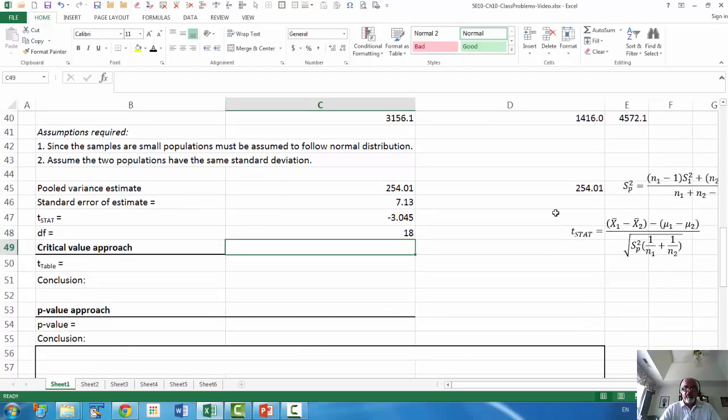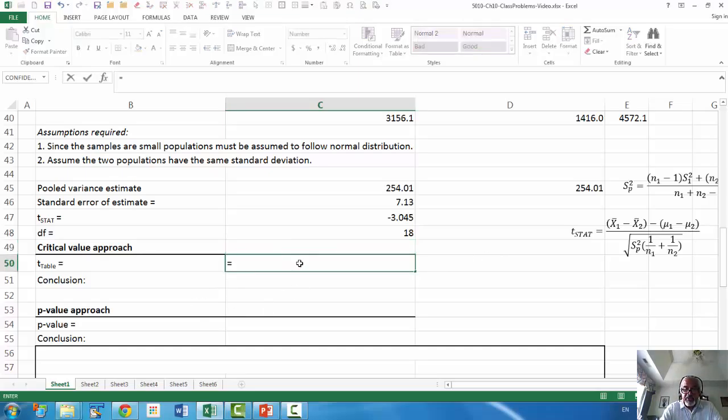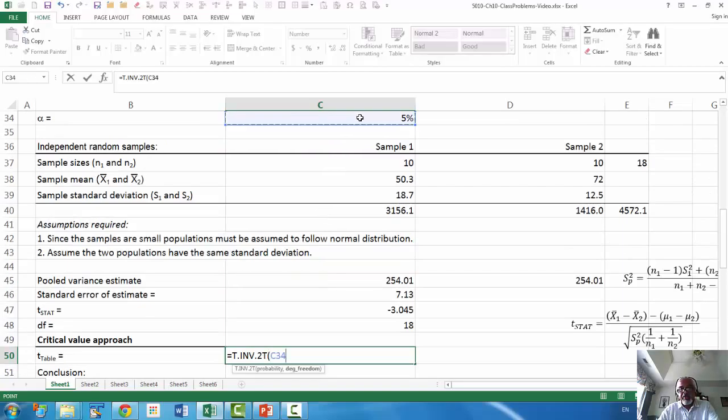Okay, so now to arrive at the conclusion, we can do a t-table approach or a p-value. We will do both. So the t-table here is a two-tailed test, so we have T.INV.2T. The probability is 5%, degrees of freedom is 18.